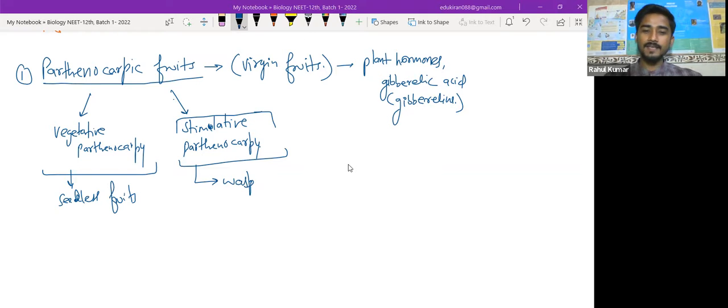In that case, there is a wasp which has very long ovipositors. I'm not sure I can draw a wasp amazingly, but it has a body, let's say, and a very long tail-like structure at the end of which there is a sting. With that sting, it can deposit eggs inside the ovary.